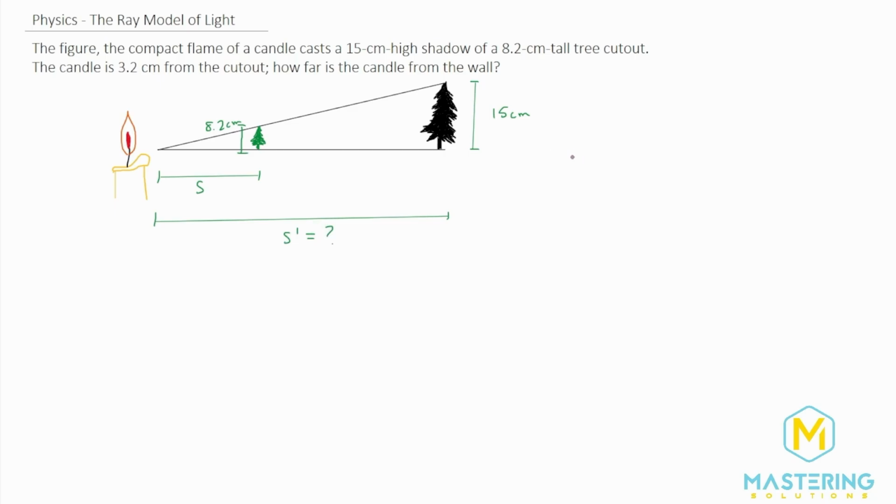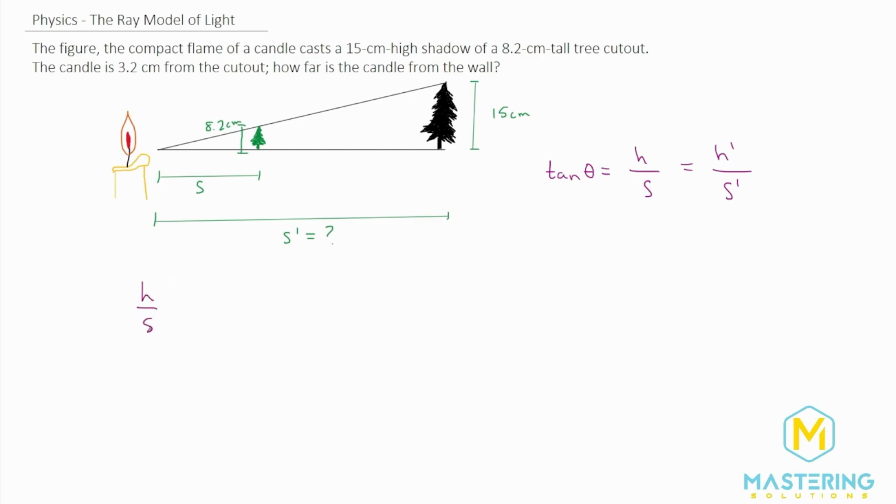The equation that we'll be using is tangent of the angle equal to our object height, h, over our object distance, s, and that's also equal to our image height, h prime, over our image distance, s prime. We aren't given any sort of angle here, so we're going to use these two and set them equal to each other.